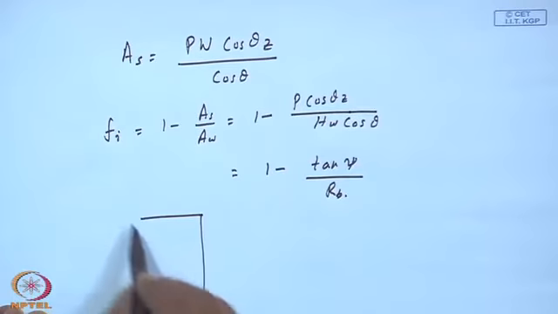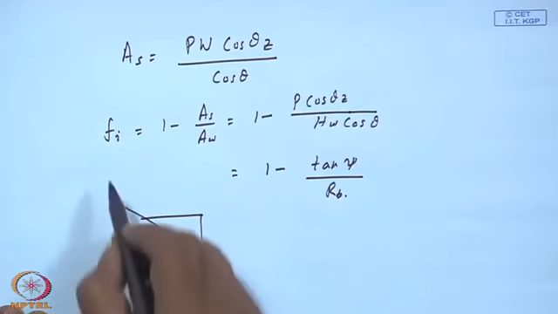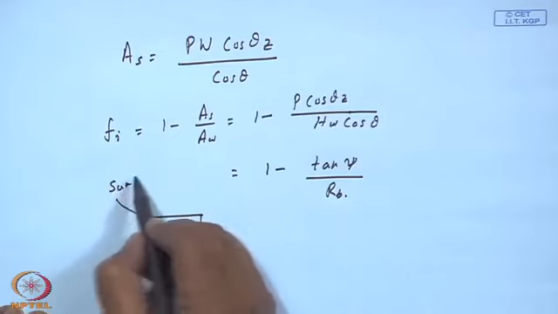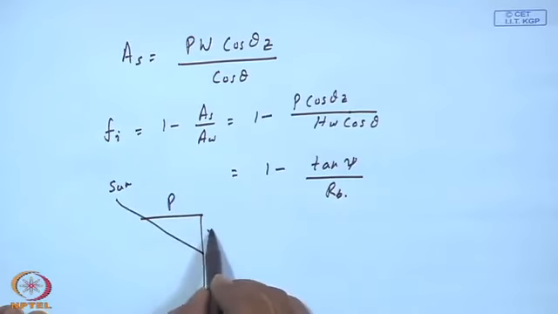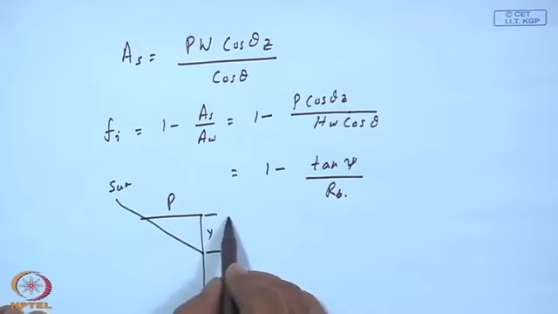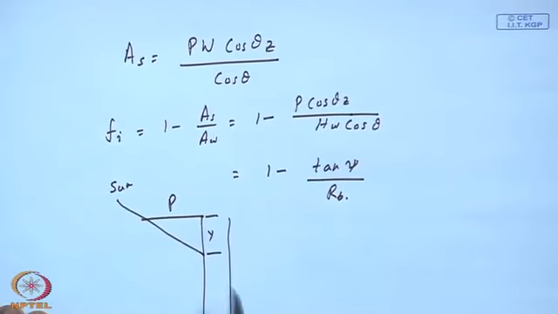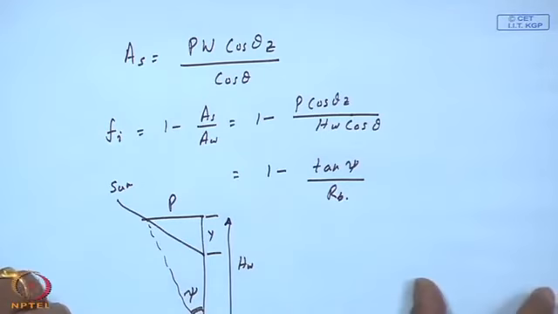This is the sun's ray, this is the projection, this is y, and this is H W, and if I draw a line like this will be psi.